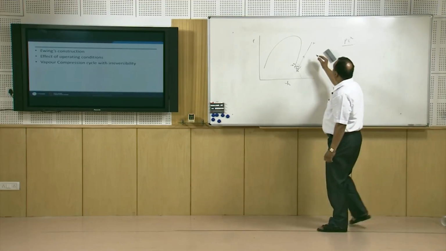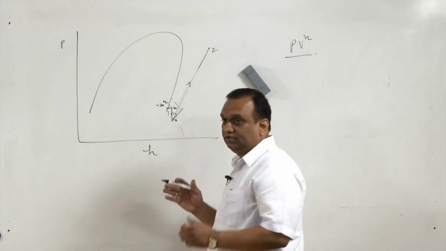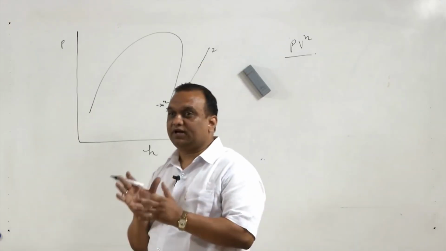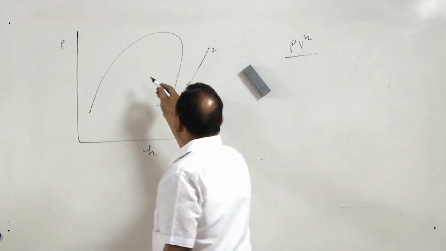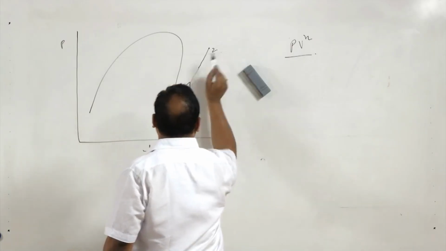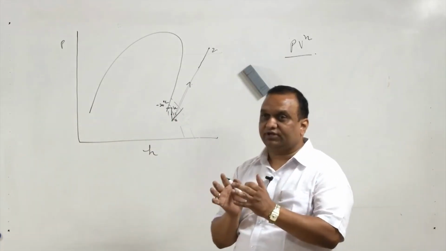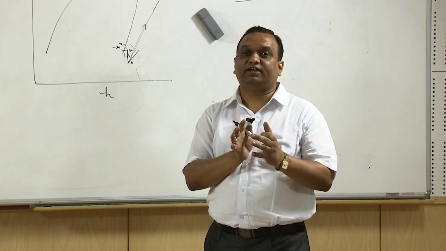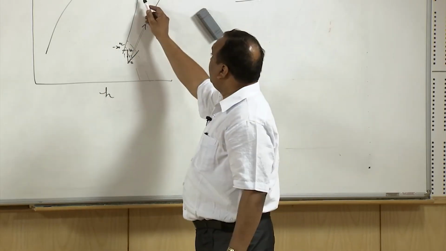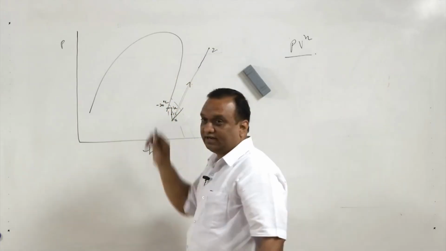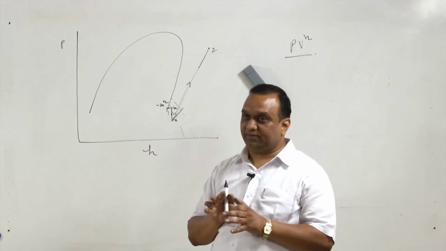Now, after this polytropic process, the vapor comes out of the compressor, and this is condenser pressure. So, the pressure at the exit of the compressor should be higher than the pressure in the pipeline connecting the condenser, otherwise the vapor will not go into the pipeline.